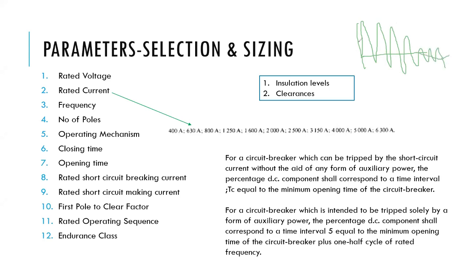If you see here, there is no negative one. This peak occurred due to the DC component. This DC component is a ratio which depends upon the X by R ratio of the system, a time constant. So when the DC component exists, obviously the fault will be like this.